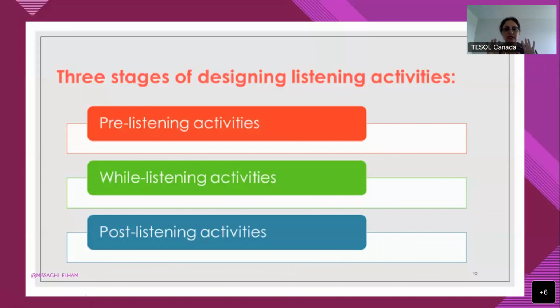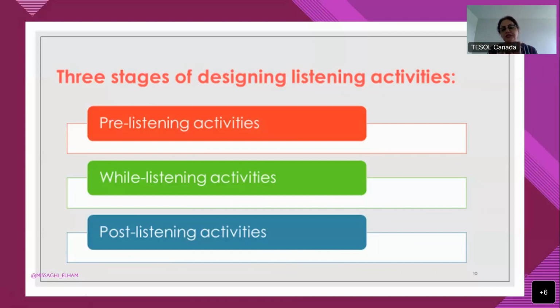Just be sure they learn and practice enough. You put them in pairs and groups, give them different activities, you monitor, you listen to them, and help them out.